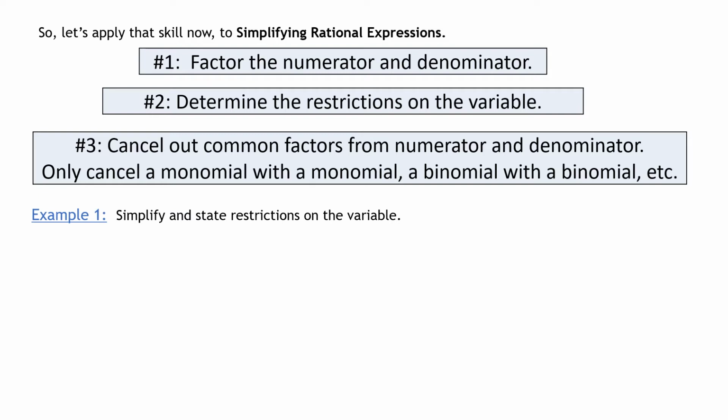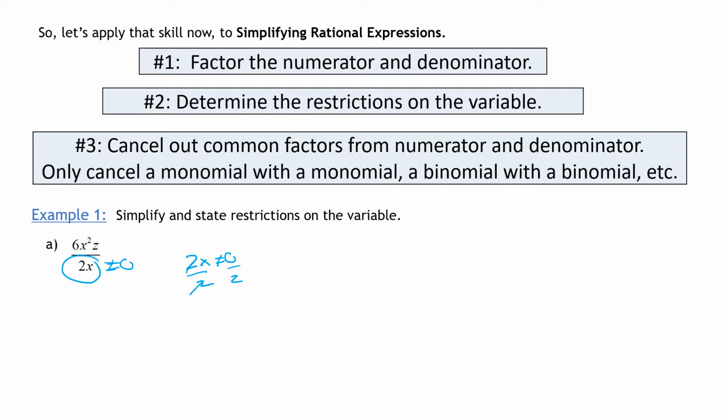So first, simplify and state restrictions on the variable. We have 6x squared z over 2x. Let's talk first about the restriction. Our denominator can't be 0, so this part right here cannot equal 0. I'll take that little equation that I made up, 2x cannot equal 0, and isolate x, and that gives me x cannot equal 0.